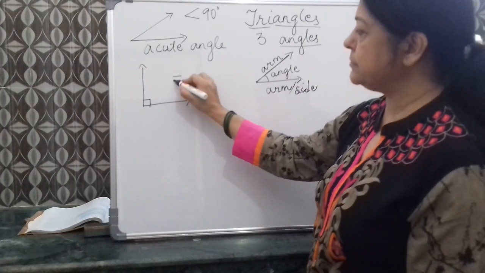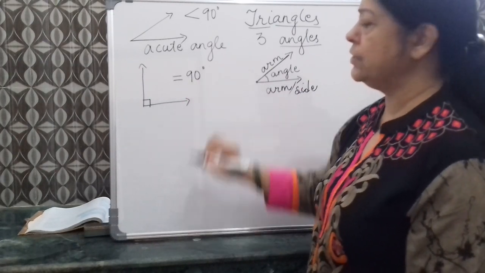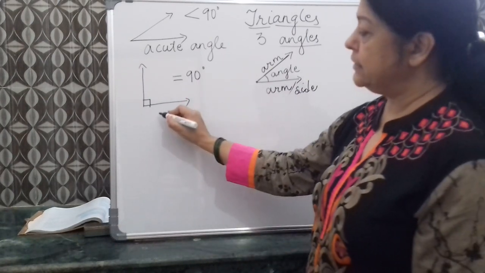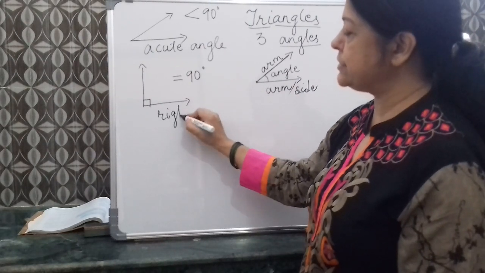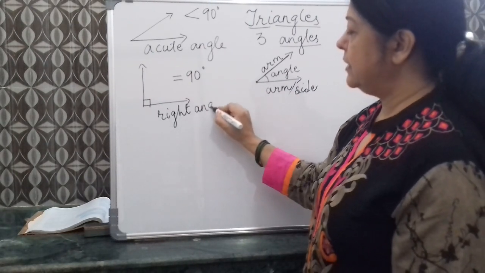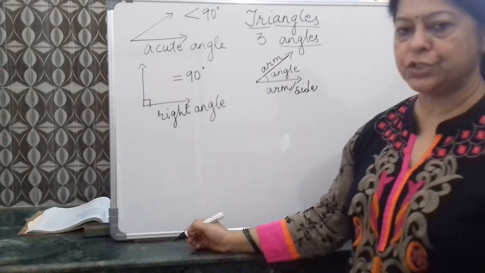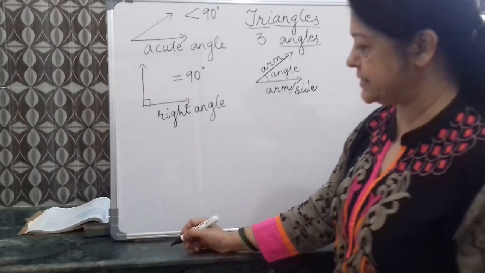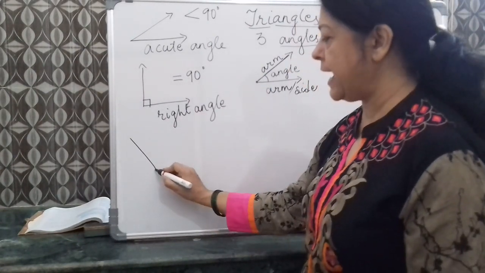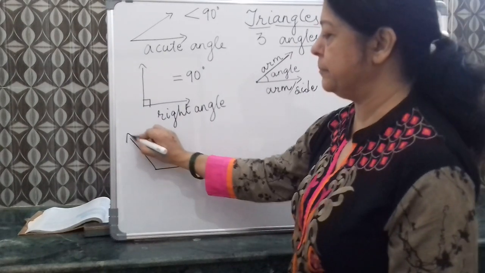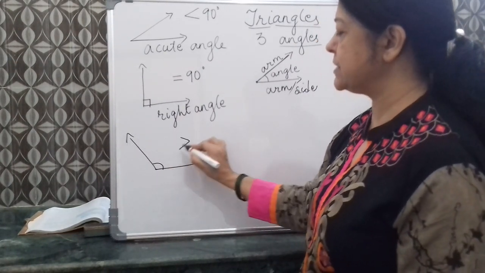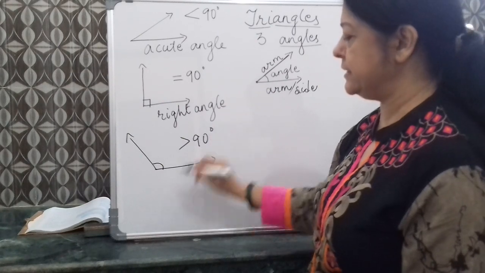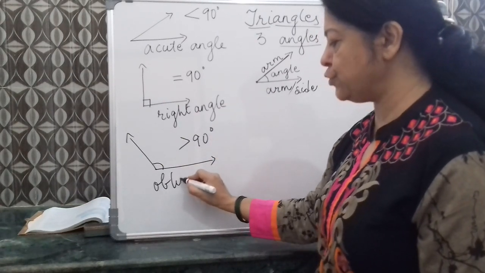Right angle means equal to 90 degrees. Then we have an angle which is more than 90 degrees, and that angle is an obtuse angle. So an angle which is greater than 90 degrees is known as an obtuse angle.